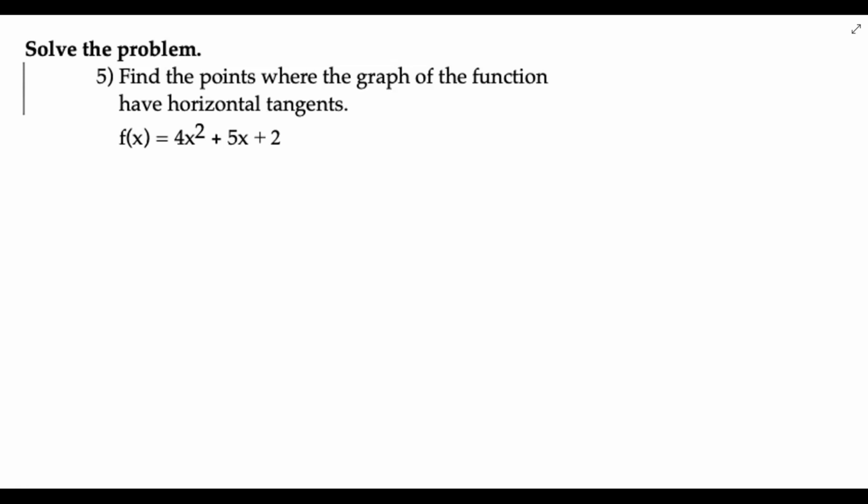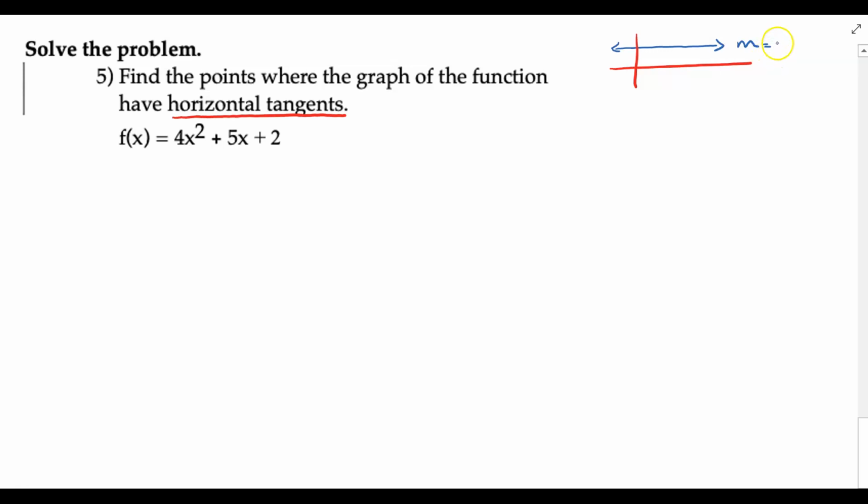Okay, we are asked on this problem to find where the graph of the function has horizontal tangents. Here's something important to memorize. If you have a graph with a horizontal line, what can you tell me about the slope of that line?